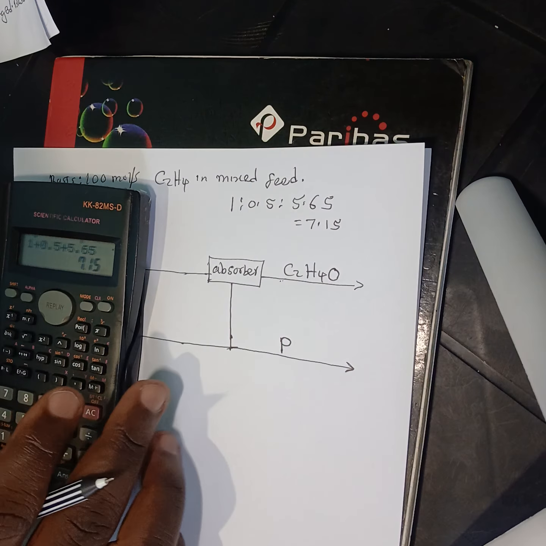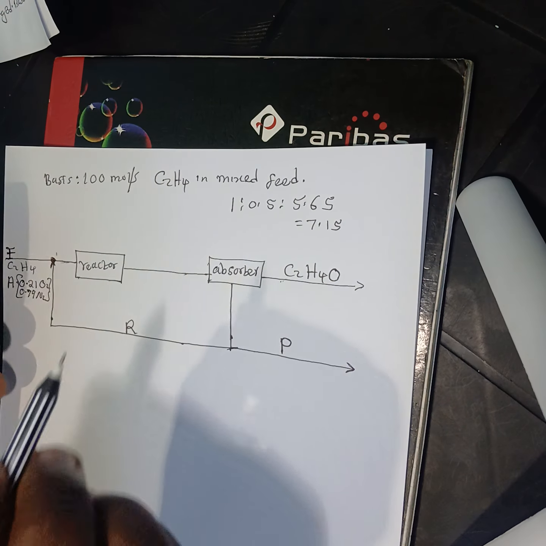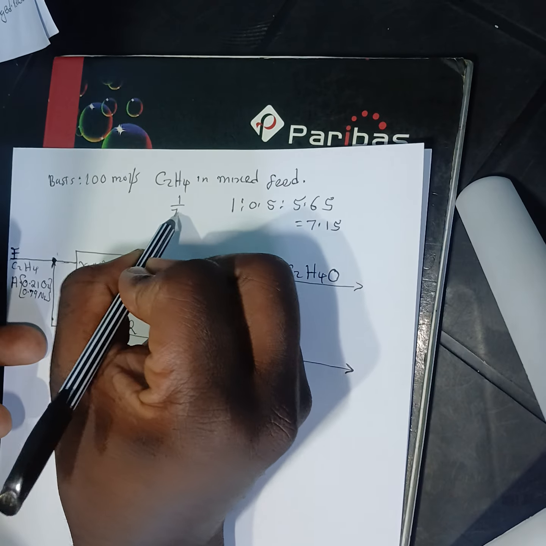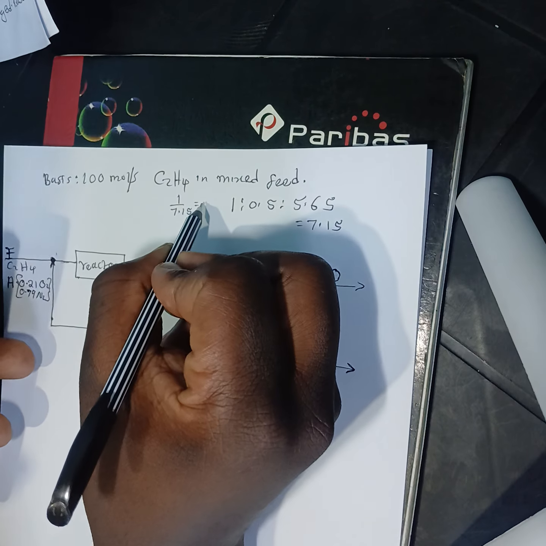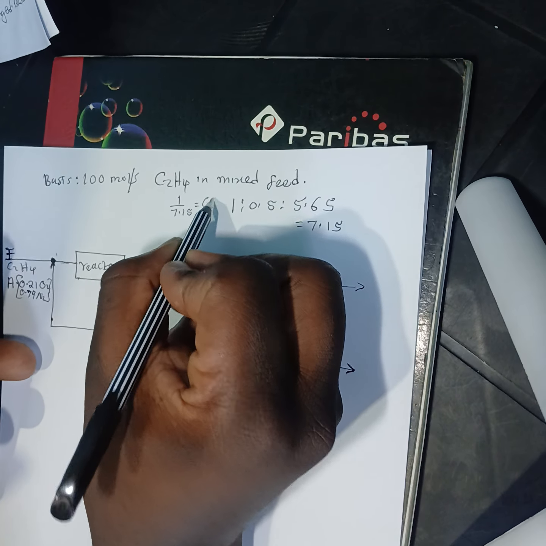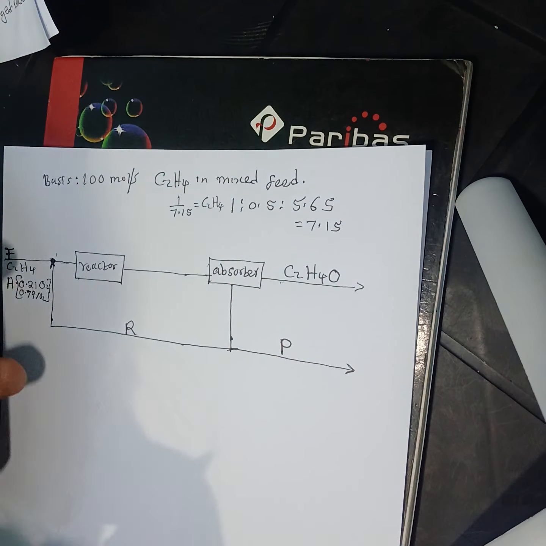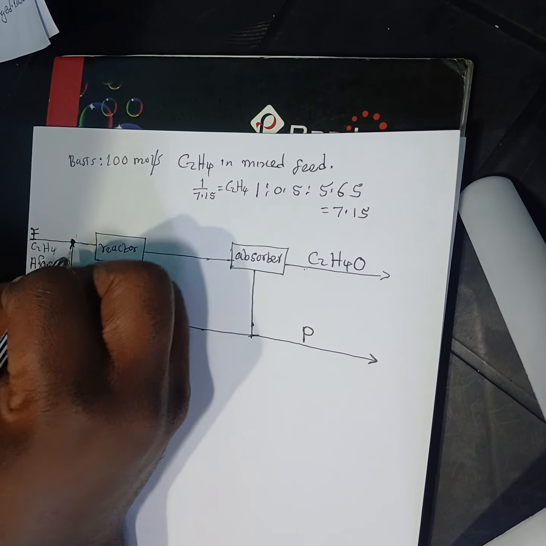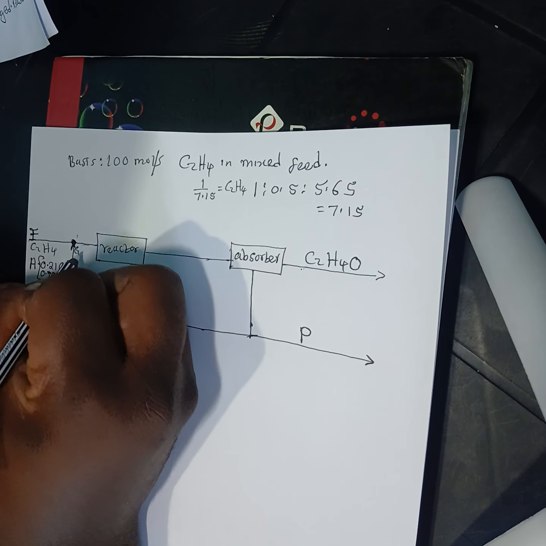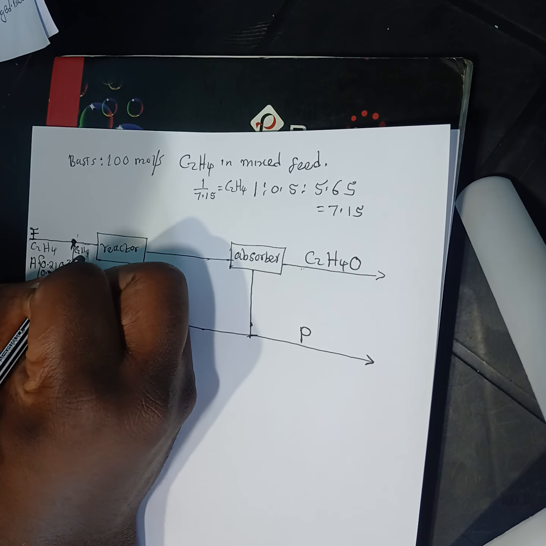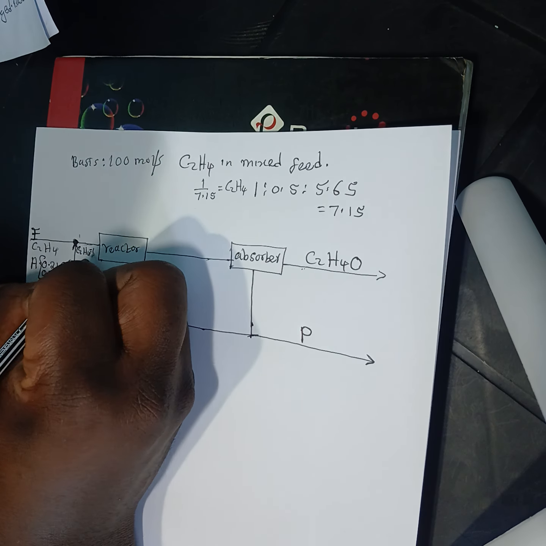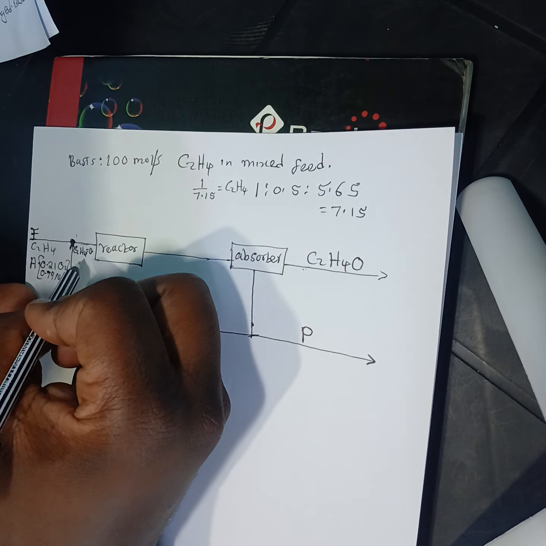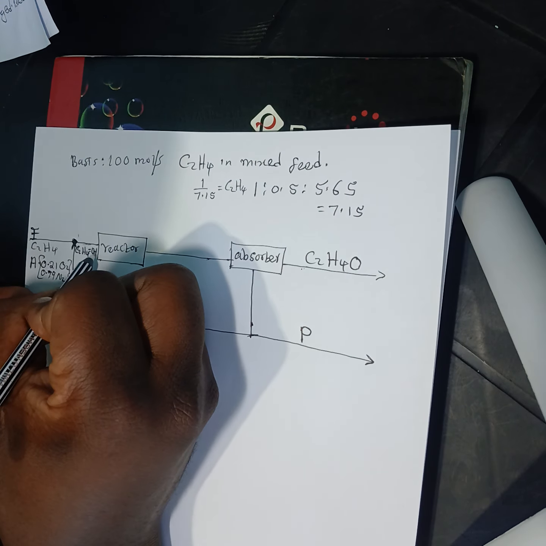That's a total. So meaning from here, we have 1 out of 7.15 to be ethylene. Of which this will be 1 divided by that to give us ethylene equal to 0.14.